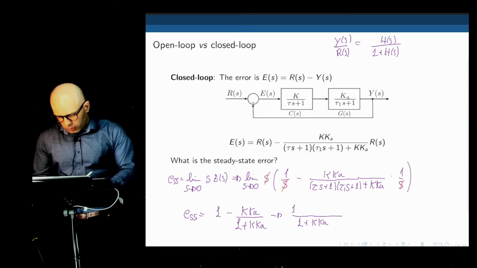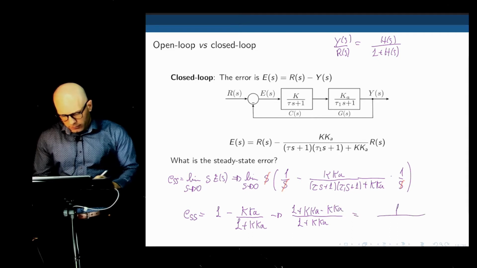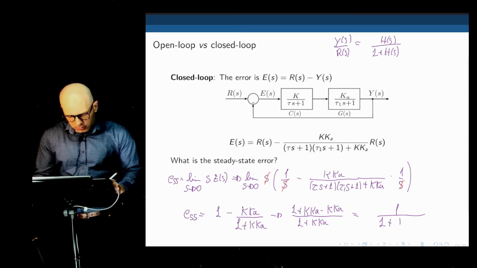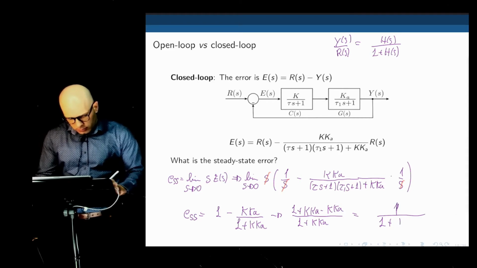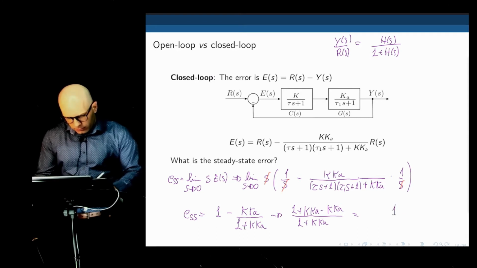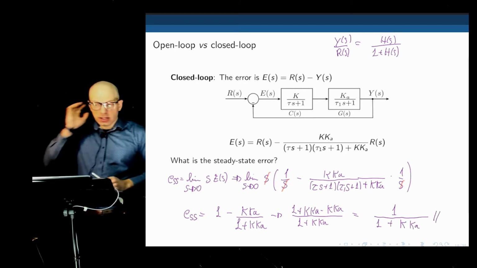That gives 1 plus KKa minus KKa, which is 1 over 1 plus K times Ka. Terrible handwriting here. That's the steady state error.